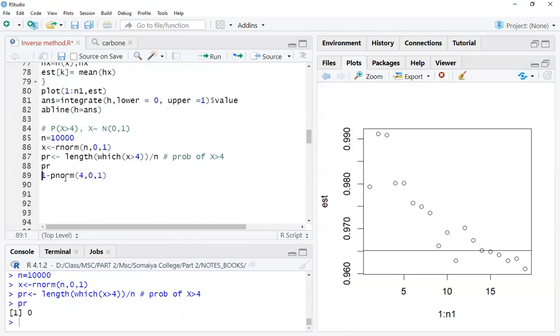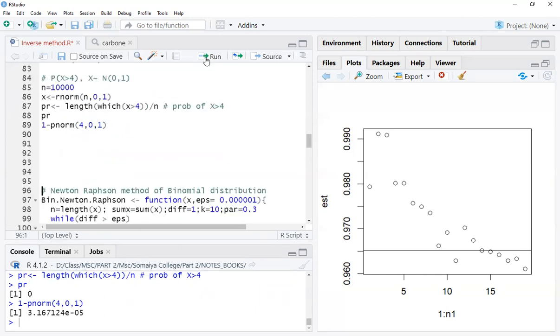Now look at the actual probability of this particular value. It is coming 3.16 times 10 raised to minus 5. So this probability is very less, right? But this value is coming 0.